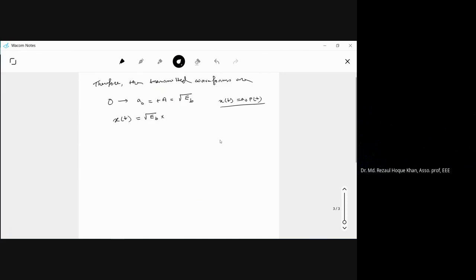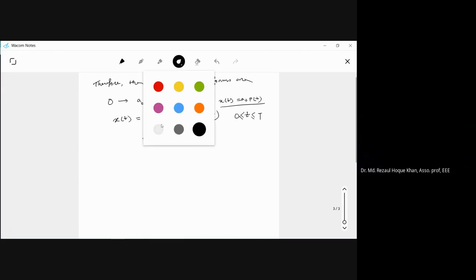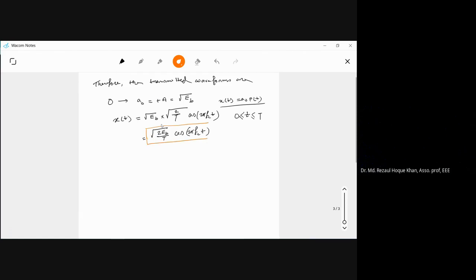What was p(t)? This pulse was square root of 2 by T cos 2 pi fc t, for t greater than 0 within T. So we can write square root of 2 Eb by T cos 2 pi fc t.